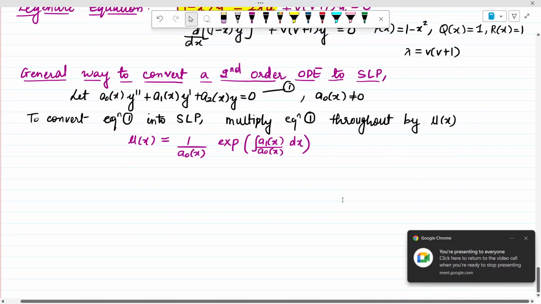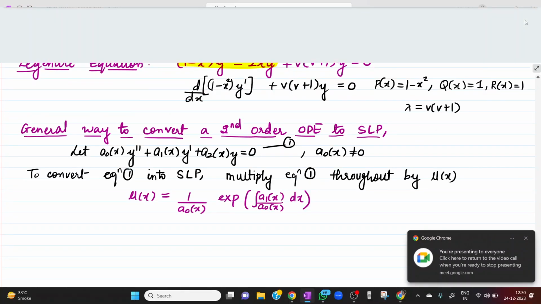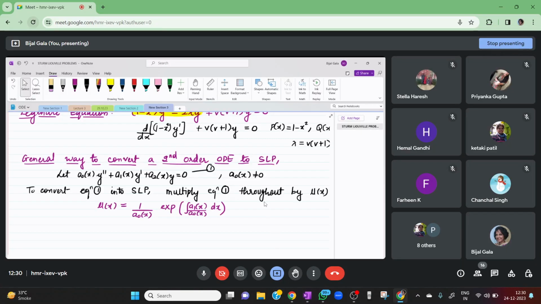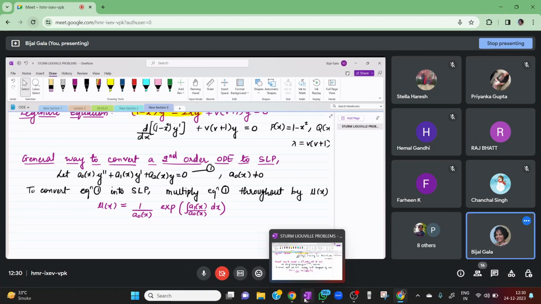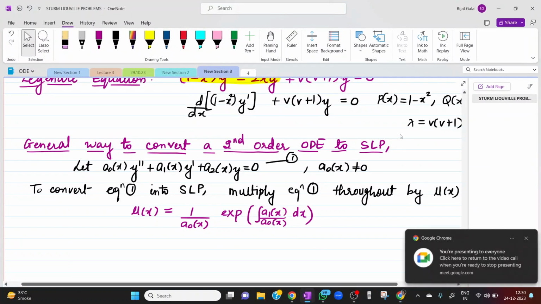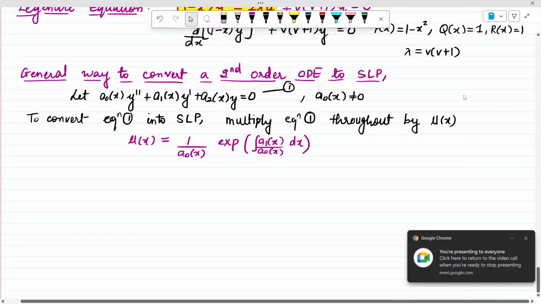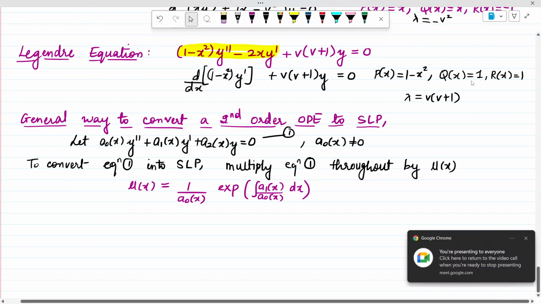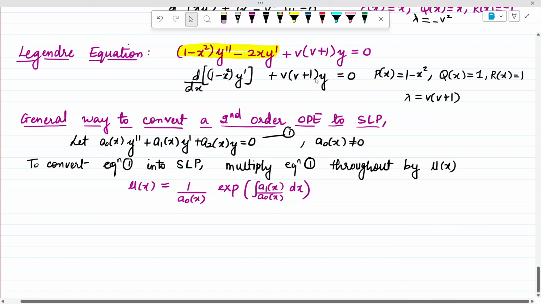Ma'am, sorry to take you back, but in the Legendre equation, q of x, will it be equal to 1? Because it's a function of x, no? There is no term of x over here with y, right?